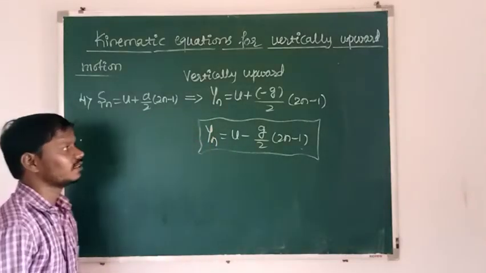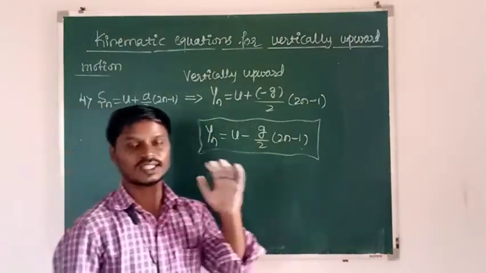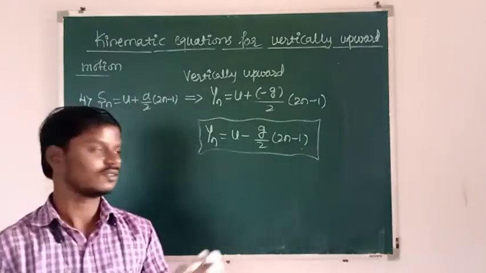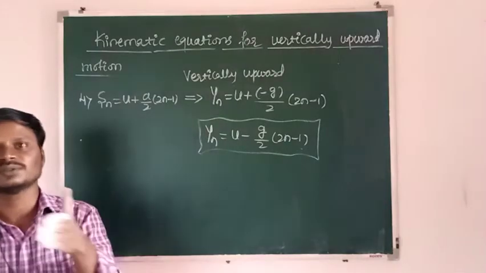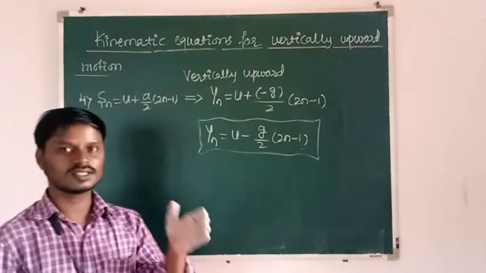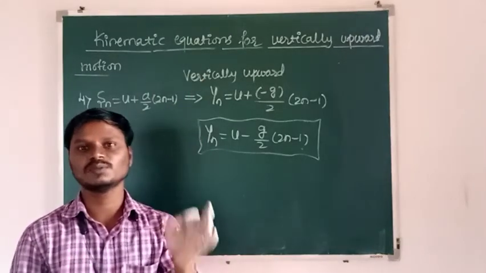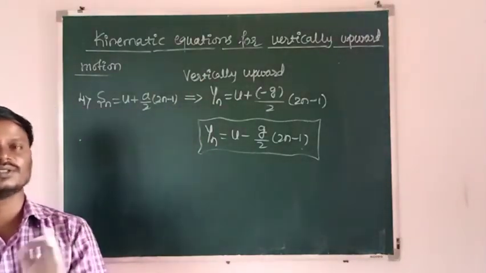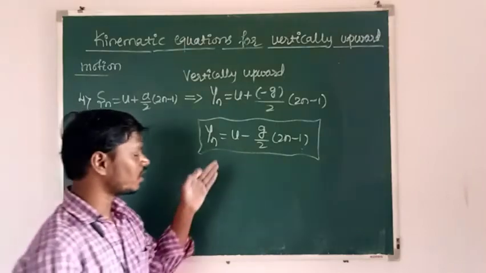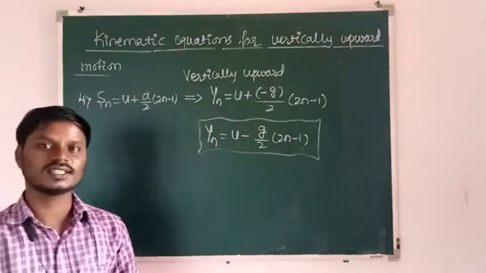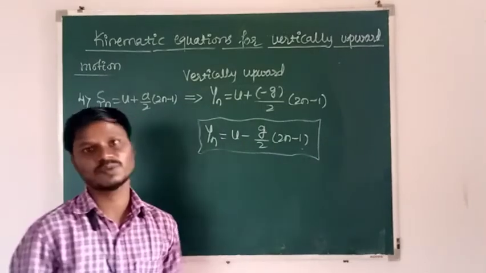Okay, listen here. So in case of vertical motion, instead of A, we are going to take G. Because in case of vertical motion, which force is acting on the body? That is the gravitational force acting on the body. And if the velocity of the body and the acceleration of the body both are in the same direction, both can be taken as positive.